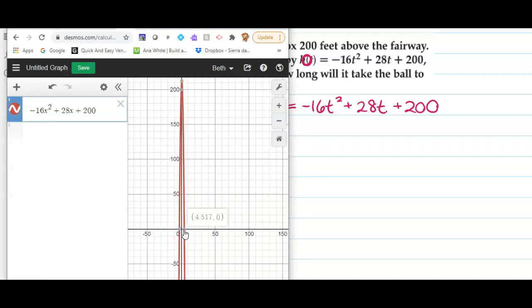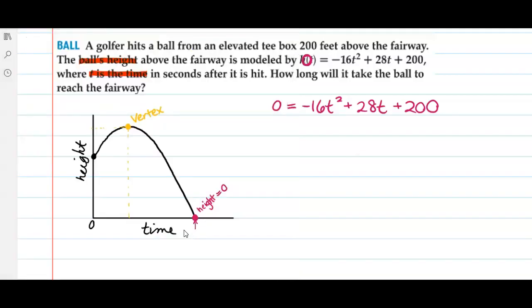And this is the point 4.5170. So what does that mean? After 4.517 seconds, the ball hits the fairway.